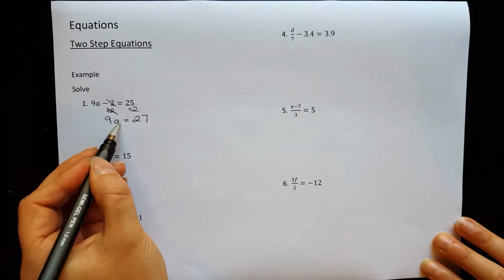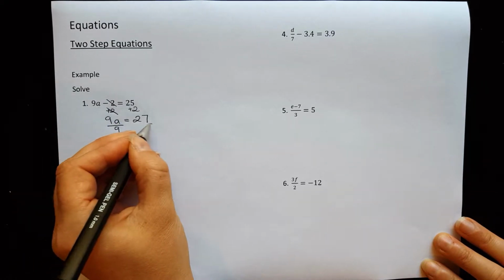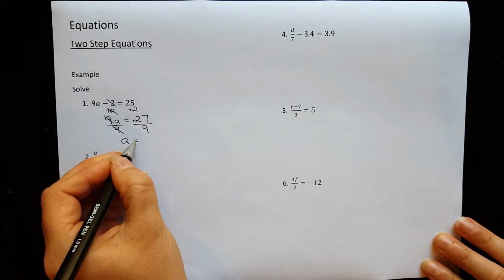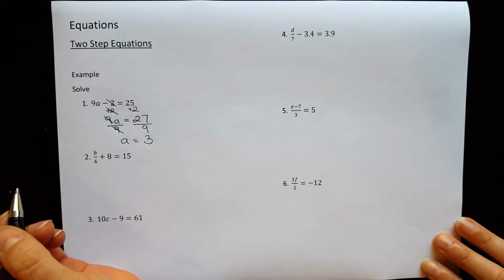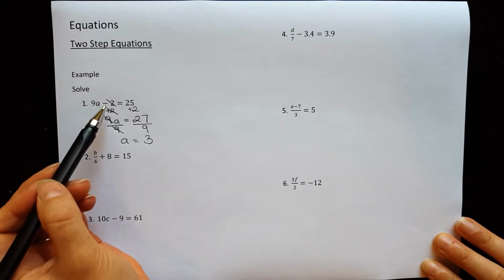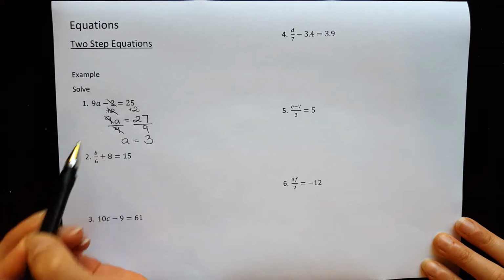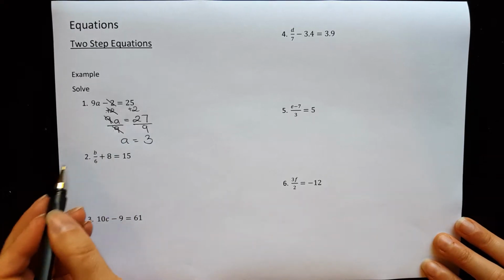That is multiplied with the a, so the opposite is to divide by 9. So a is equal to 27 divided by 9, which is 3. So can you see the 2 steps? There's one step where we had to add the 2 and the second step where we had to divide the 9. Let's try it again for question 2.